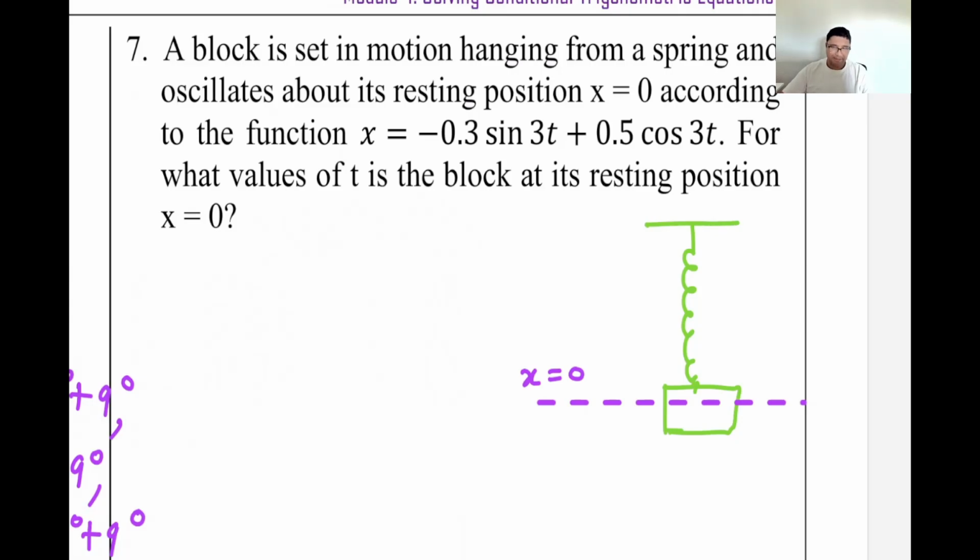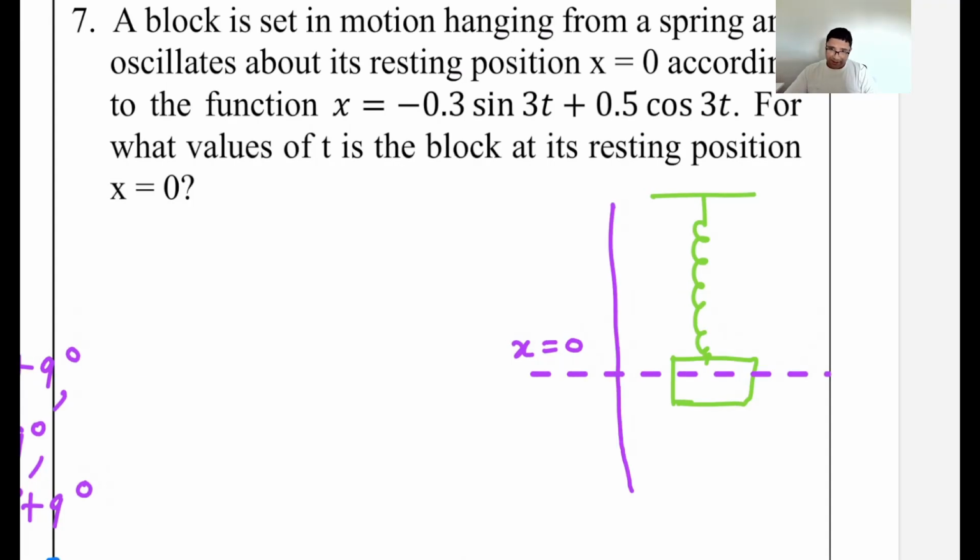There is a scale there for the height, and 0 corresponds to this height. Then you can define what is positive and what is negative: 1, 2, 3, and then -1, -2, -3, and so on. The question is, at different times, once the spring is in motion, the height where the block is is given by this equation.